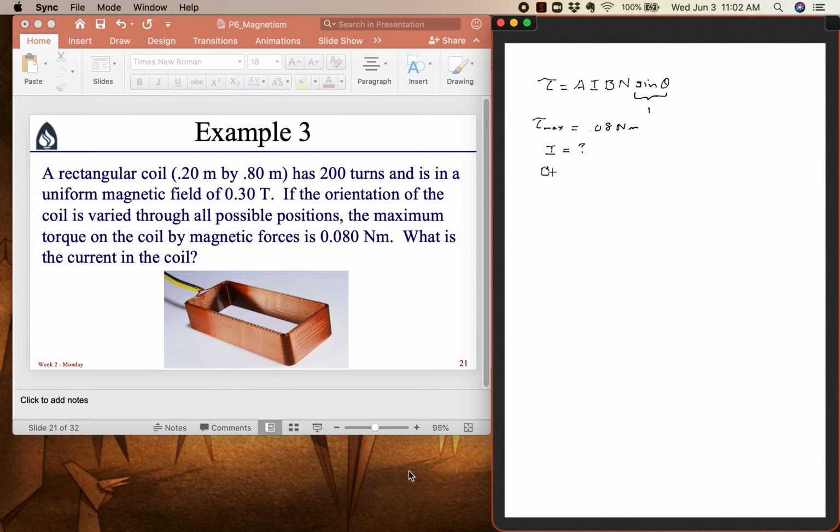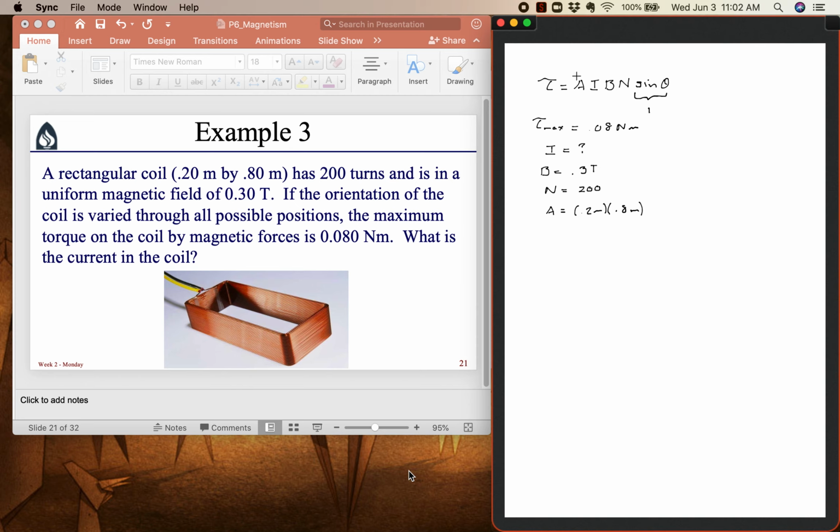We know the strength of the magnetic field is 0.3 Tesla, and we know the number of turns of wire is equal to 200. And then we also have information about the area of the coil. It's a rectangular coil, and it's 0.2 meters by 0.8 meters, so we can multiply 0.2 by 0.8 to get the area of the coil.